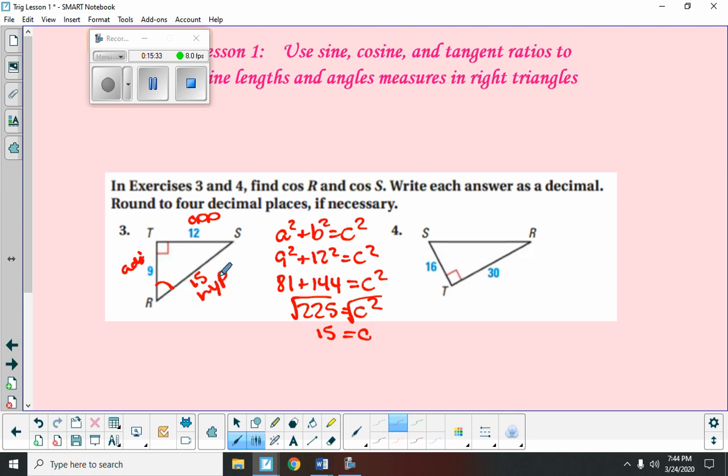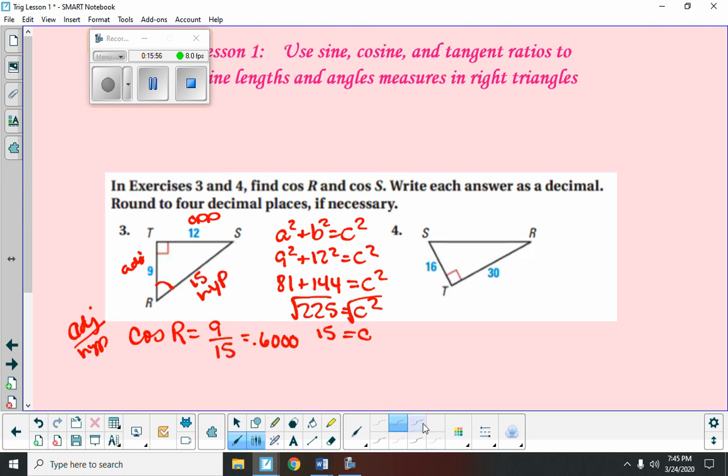All right, so cosine of R is, cosine, remember, is the adjacent over the hypotenuse. So your adjacent is 9, your hypotenuse is 15. And if we write that as a decimal, you get 0.6, and we'll add 3 zeros.